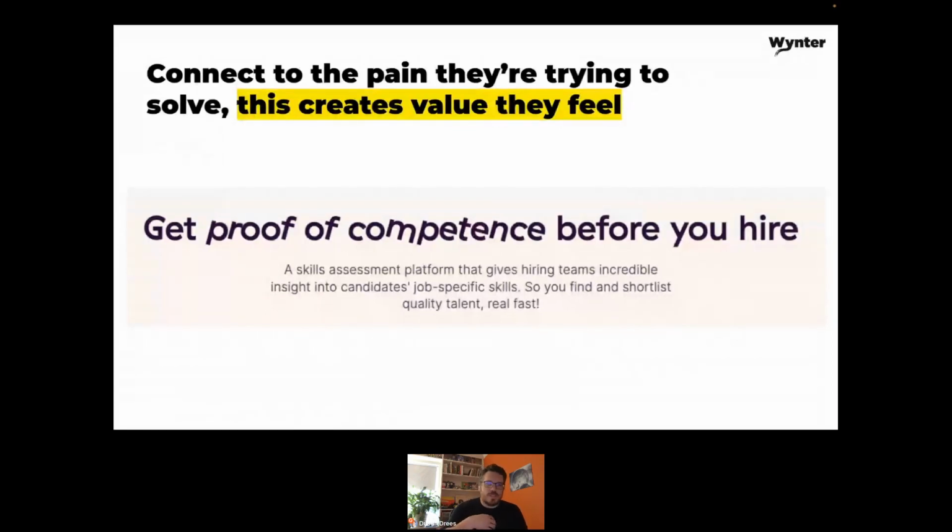I know that already. I know that you're going to try and reduce my fear of hiring incompetent people. Maybe I'm presuming here the fear is that you hire people who look good on paper, did great in an interview, but they can't actually perform the job, and that looks poorly on me, and it's bad for the business, right? So you're speaking to a fear and a struggle that I'm potentially having, and how you're going to make my life better from that.